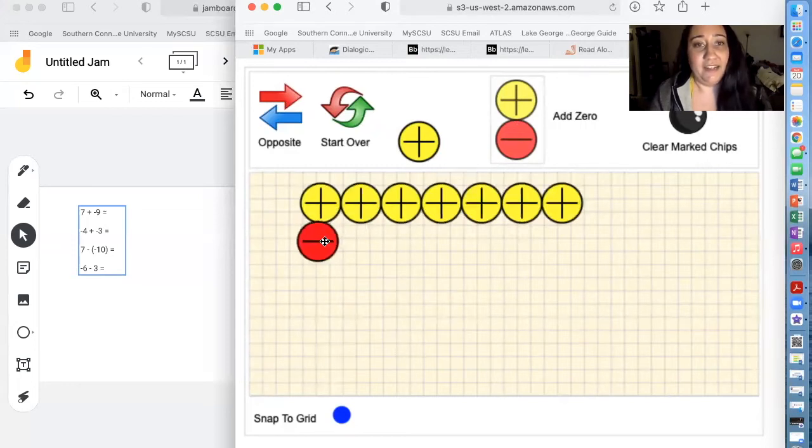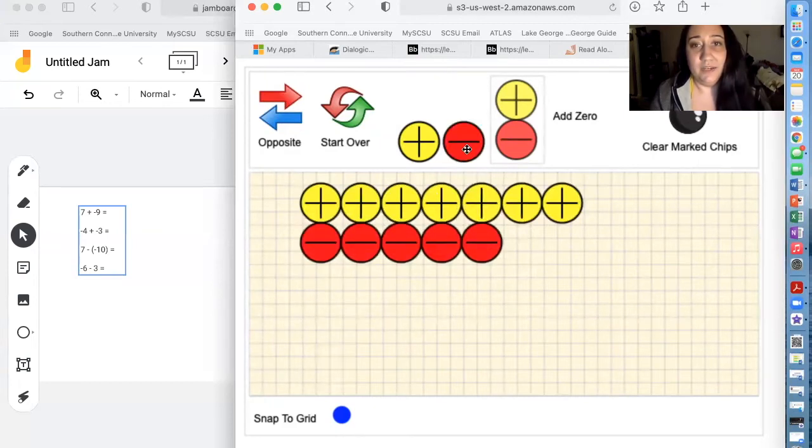I'm going to add -9. Here we go. 7, 8, 9. So you can notice we have a bunch of 0 pairs when we line them up this way. And we know when you have a positive and a negative, it equals 0.